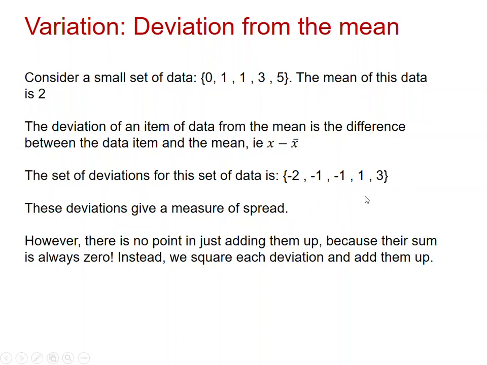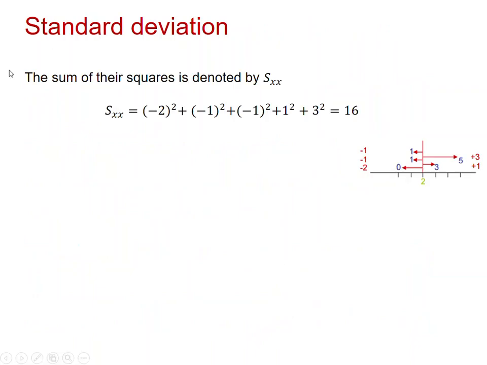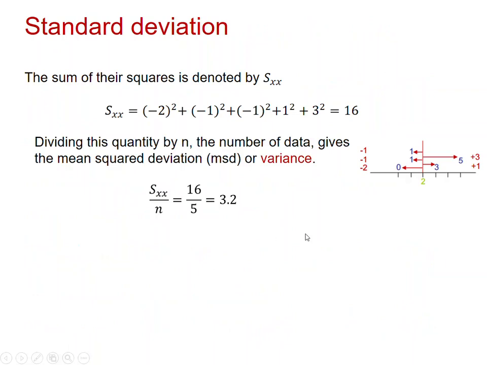So rather than do that, we're going to square each of these values and then add them up. That will be considered the sum of the squares, and it's denoted SXX. In this case, this works out to be 16. To turn this into standard deviation, we begin with the sum of squares, and we divide this by how many pieces of data we've got, in this case 5.